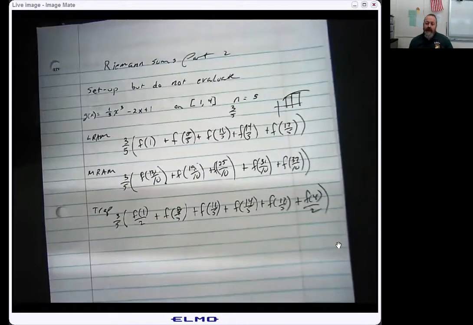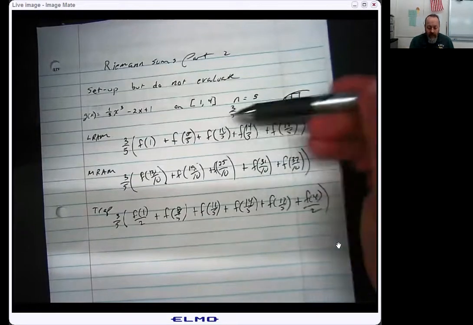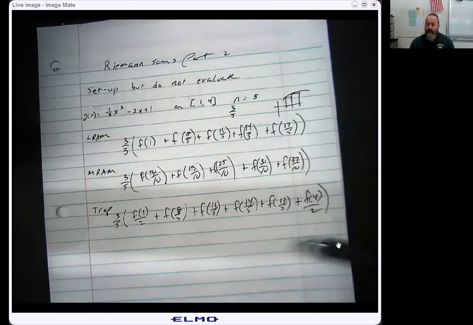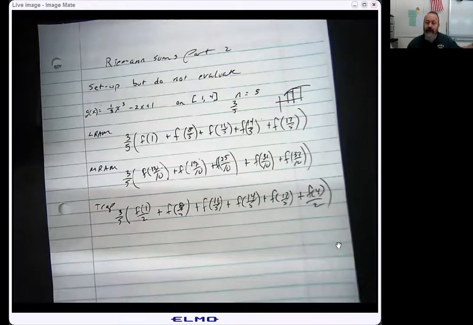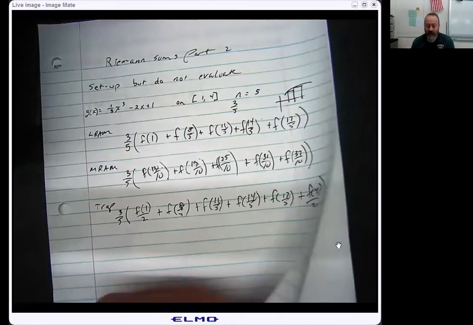As we have discussed, each of these is okay in its own right, but the trapezoidal rule is generally considered one of the better approximation methods. The only difference is, instead of ignoring the first or ignoring the last, we just take half of the first and half of the last, and that ironically gives us a pretty good estimate.